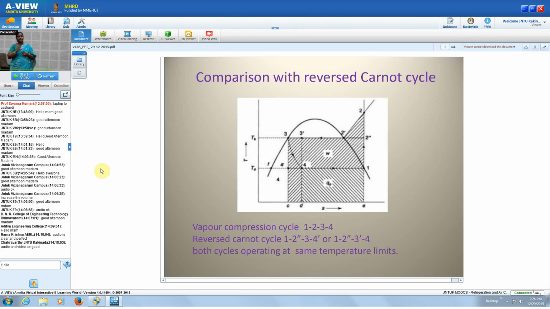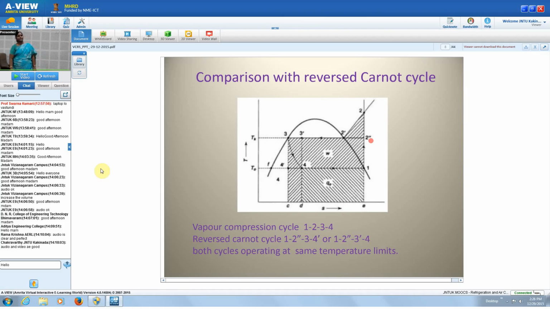Now the main deviations of the vapor compression cycle from the reversed Carnot cycle. You can see 2 dash, 2 double dash, 2, which is the triangle called the superheat horn. That area is represented by the superheat horn.